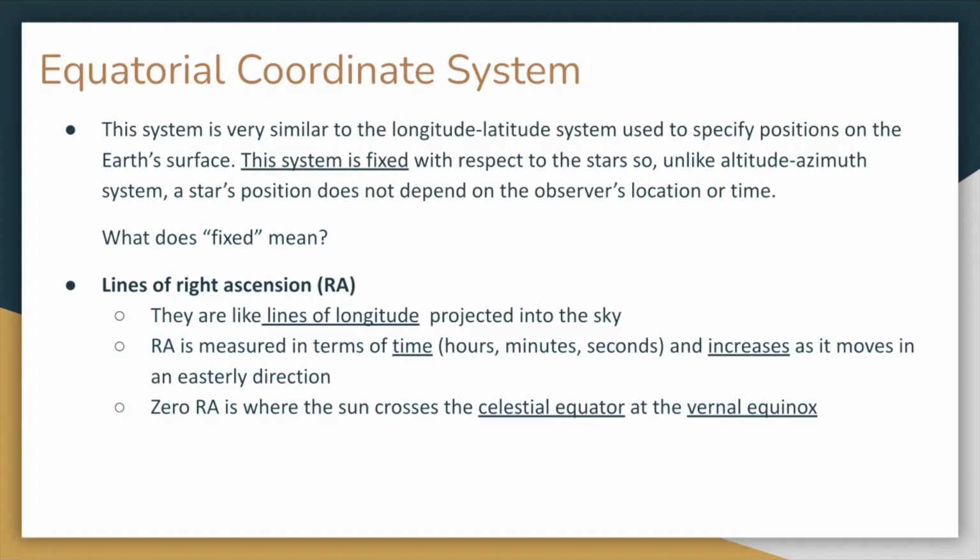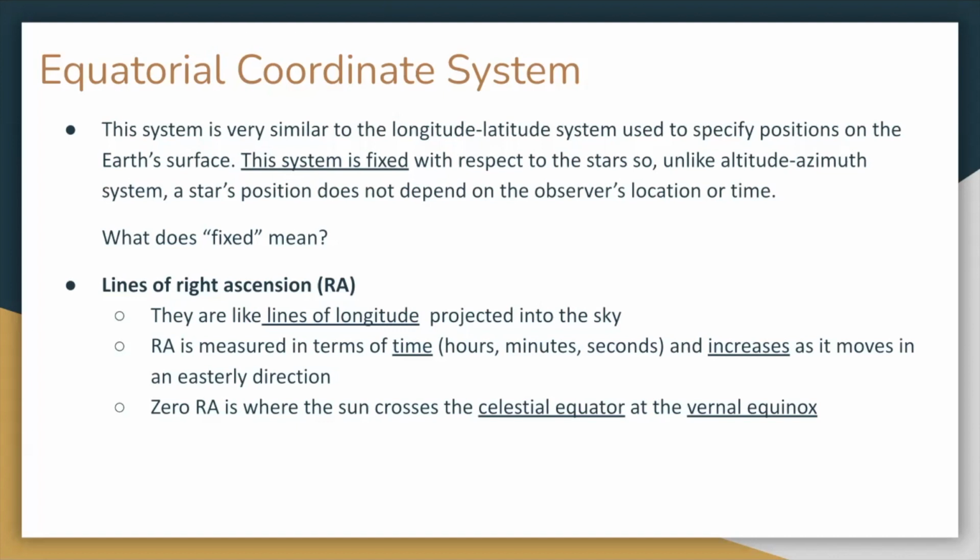So unlike lines of longitude on Earth, where we just kind of arbitrarily picked what would be 0 as the prime meridian, when it comes to the equatorial coordinate system on the celestial sphere, your 0 RA has a very specific definition. And this specific definition is part of what allows this to be a fixed system. So a fixed coordinate system where your coordinates don't change like they do for altitude and azimuth.